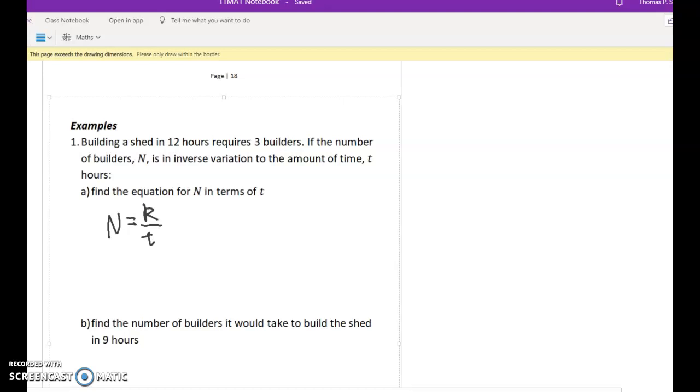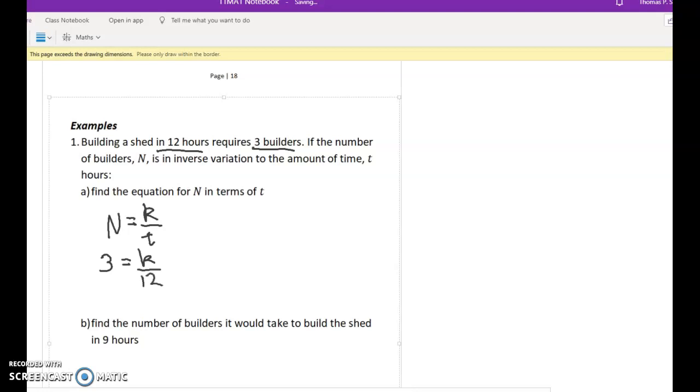Now to find k, what we'd need to do is substitute in what we already know. So we already know that 12 hours requires 3 builders. So if we sub those in, that is where n is 3, we don't know k yet, and we know that t is 12.